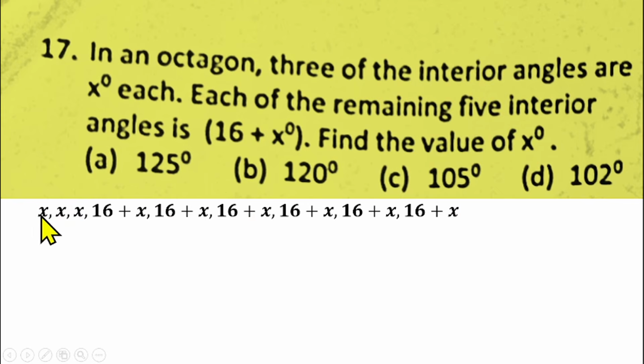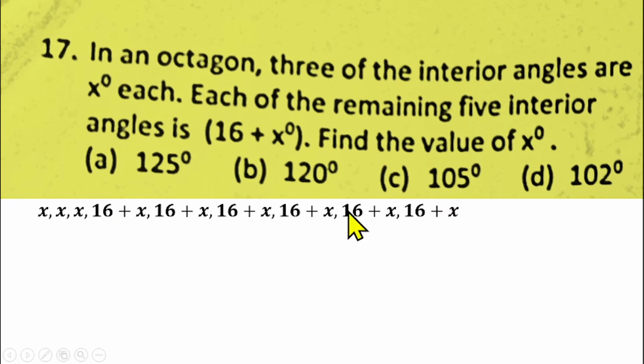Each of the first 3 angles is x, and the remaining 5 are 16 plus x. So 1, 2, 3, 4, 5. Please disregard this one, it is not part of it. That's the remaining 5 angles, and the first 3 are x each. If you add all these angles together, excluding this one, because I think there's a typographical error there.